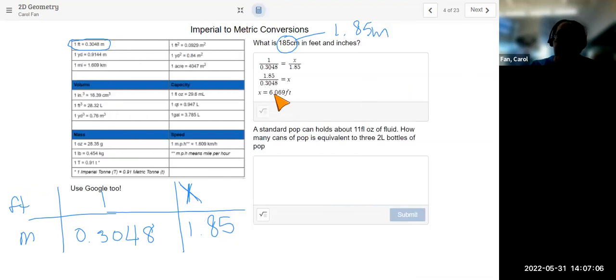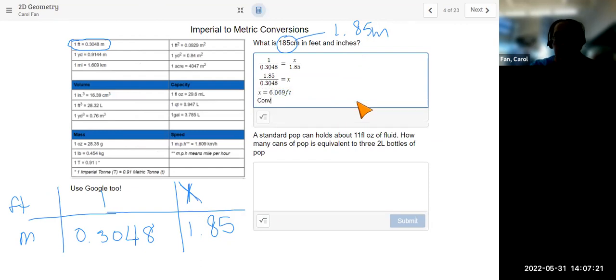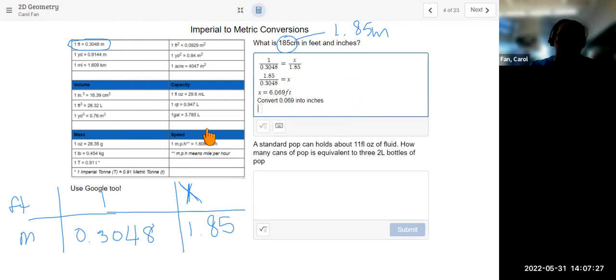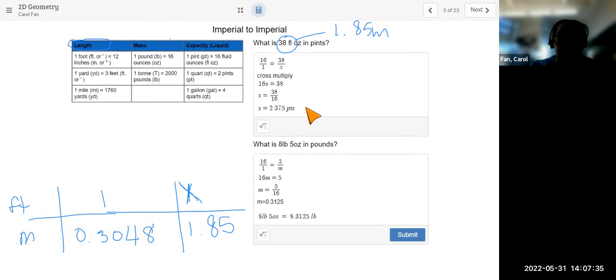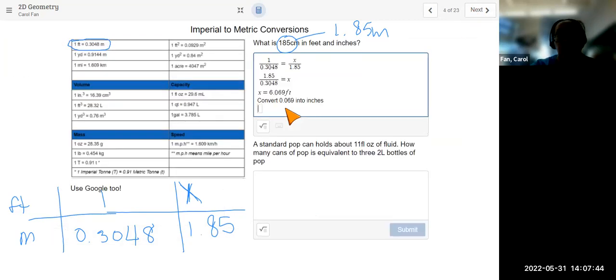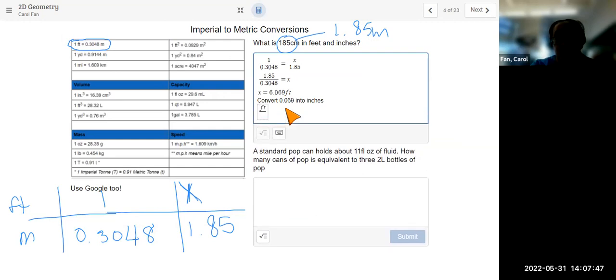Now, because we don't talk about point something of a foot, I need to convert 0.069 into inches. Right, so our chart, we're going to go back to the previous one. It shows us that 1 foot is equal to 12 inches. I'm going to create my foot over inches.